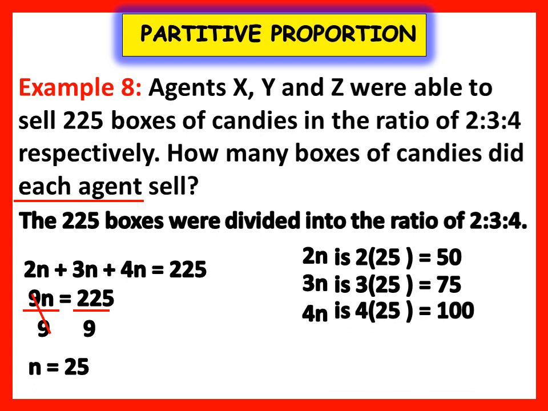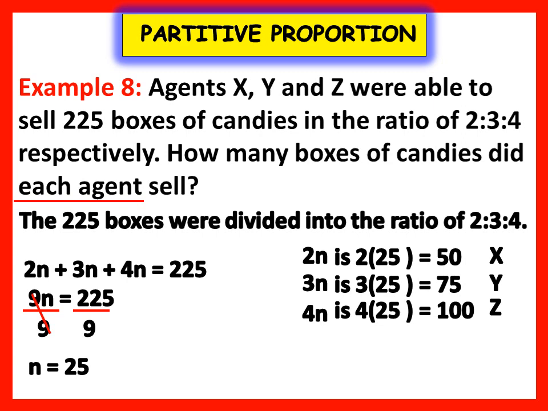And 4 multiplied by 25 is 100. So therefore, agent X was able to sell 50 boxes. For agent Y is 75 boxes, and for agent Z is 100 boxes.